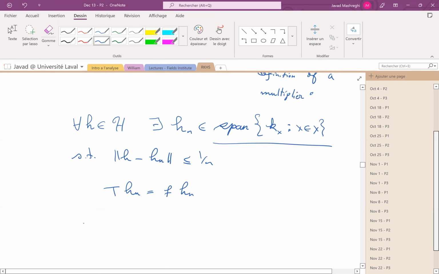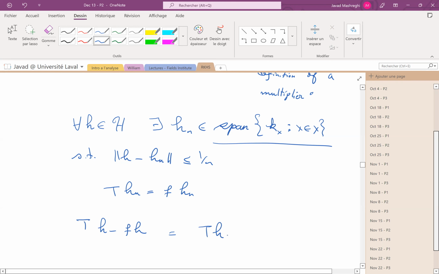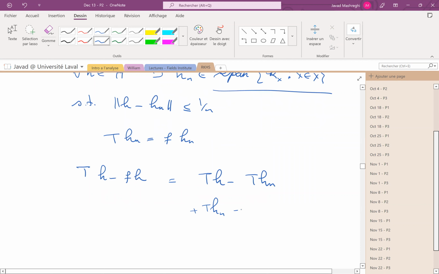And now what can we say about Th? Th minus fh, that's the usual trick that we do in analysis, is equal to Th minus Thn plus Thn minus f hn plus f hn minus fh.